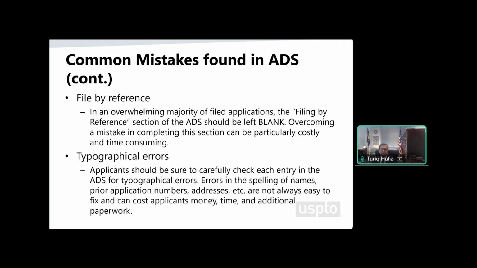Filing by reference is for the specific purposes of being filed under 35 U.S.C. 111(c) and 37 CFR 1.5(a), which means most applications should not include anything in the filing by reference section. And finally, typographical errors, like misspelling your own name, take time and money to correct inventorship.